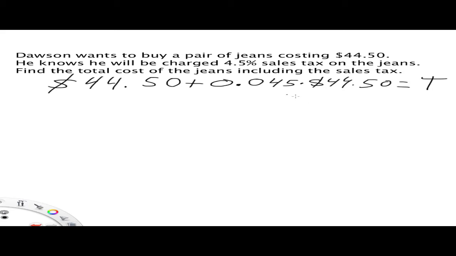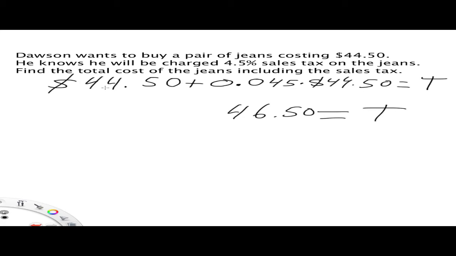And we get that T is equal to 46.50. So what I did was just multiply the 0.045 times 44.5 and then added 44.5.